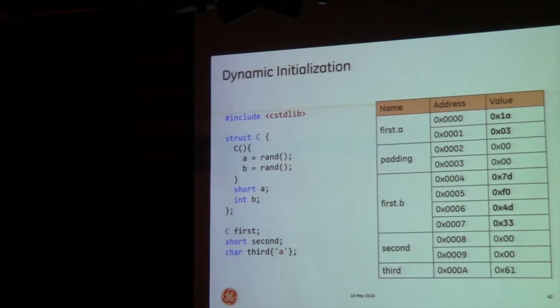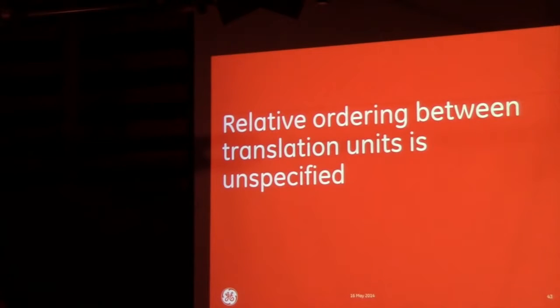The problem is when you get to more than one translation unit. It is unspecified which order the translation units are initialized in. If you have two translation units, it could initialize your first one and then your second one, or your second and then your first, or, if it really wanted to be fancy, I think it's permitted to interleave the two translation units.